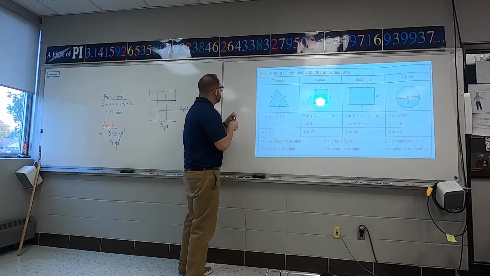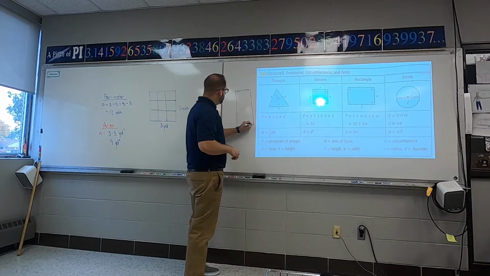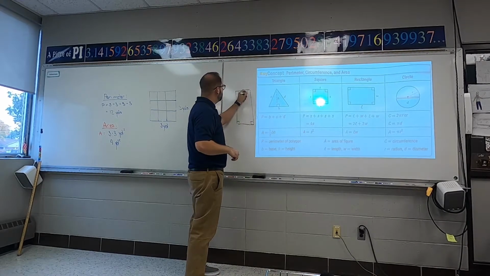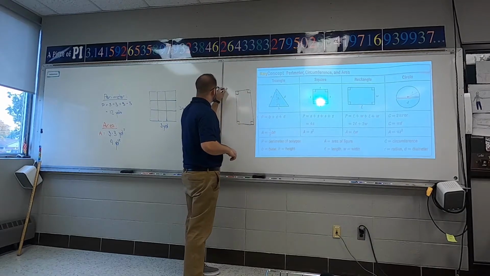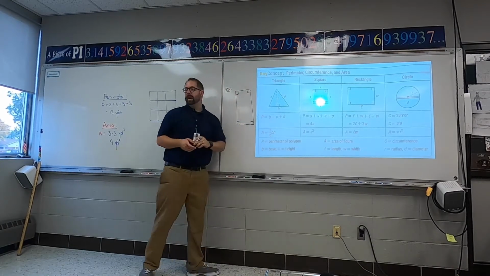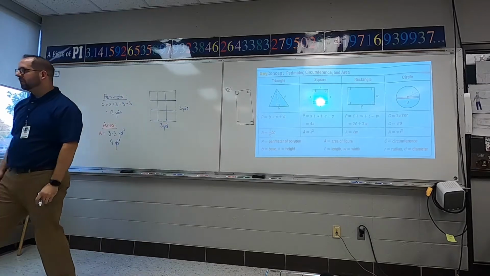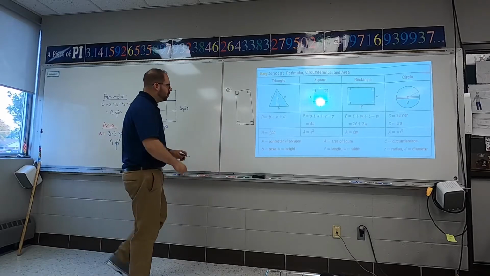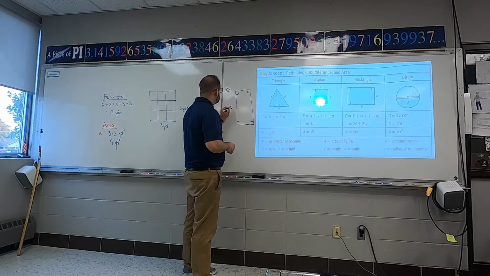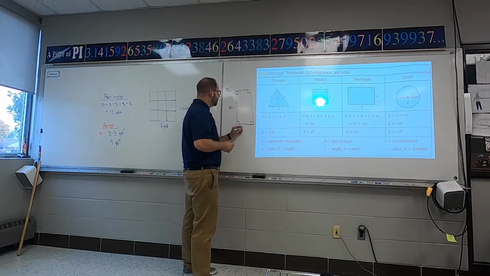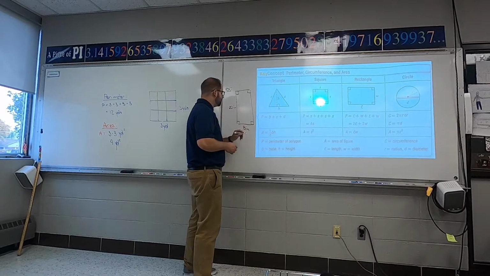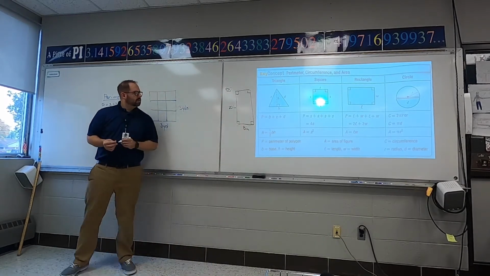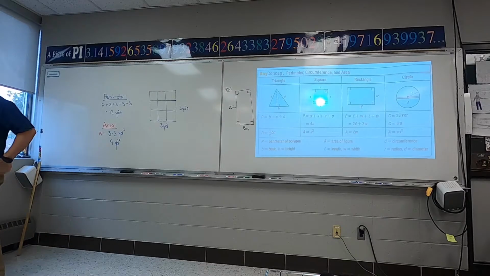Okay, let's go with a rectangle here. This is our example. It should be on that little slip of paper now, your second problem if you want to label it. Number 2, let's give it some length. Let's go with 20 inches going down and 8 inches going across. So 20 by 8.